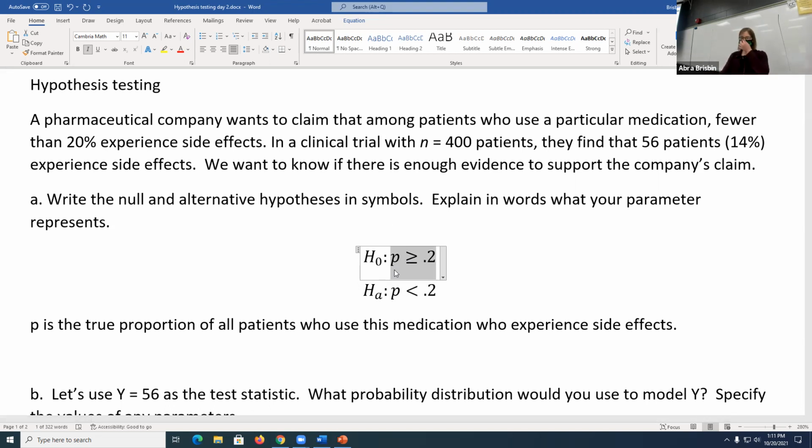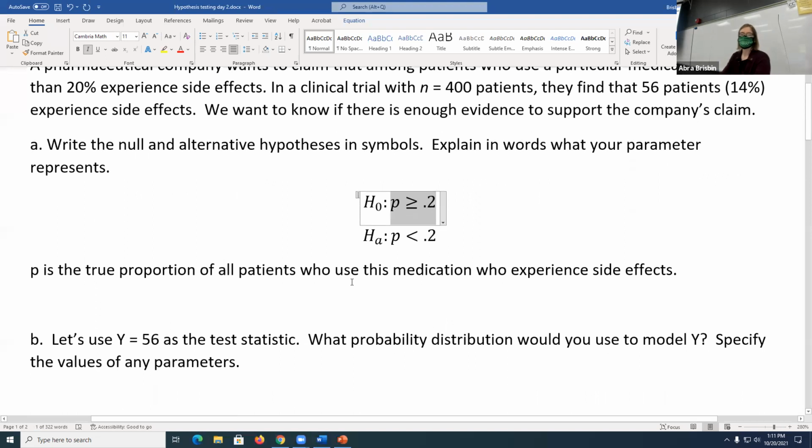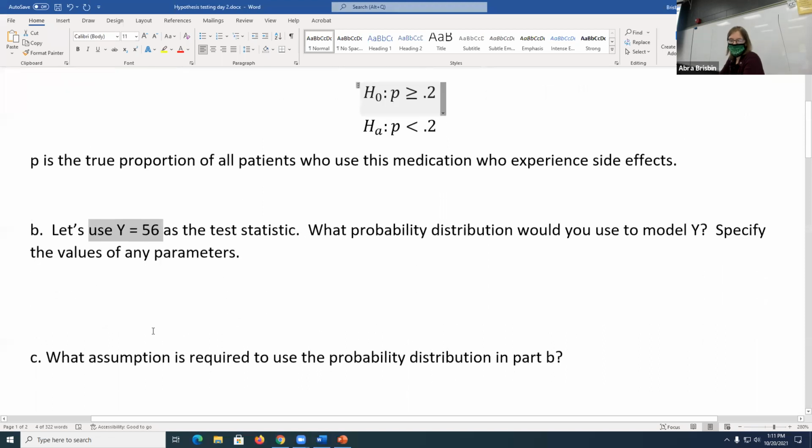All right, so if we use our test statistic as the number of patients in the sample who experience side effects, what probability distribution would we want to use to model that? Sam?